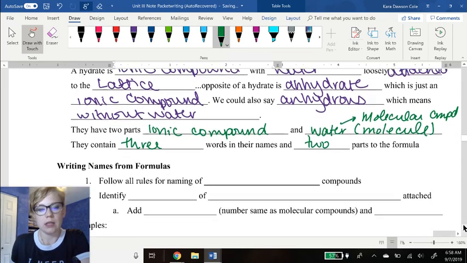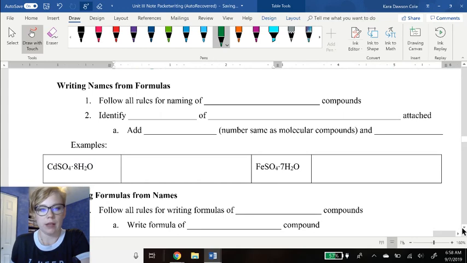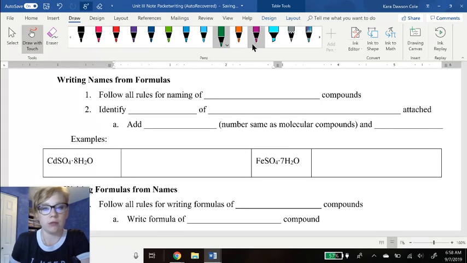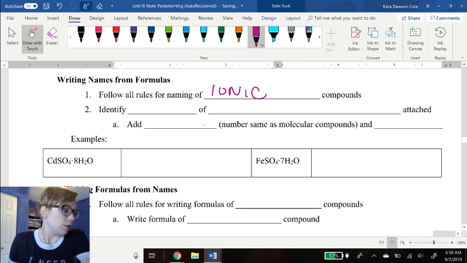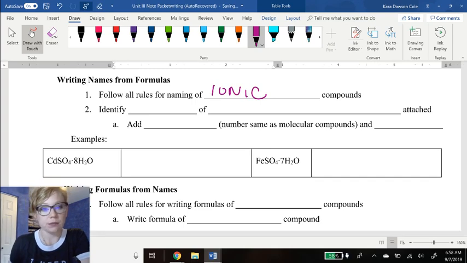So let's look at writing names of hydrates from the formulas. Follow all the rules of naming ionic compounds. So again, you're looking at what is the cation, what is the anion, naming the cation, naming the anion.